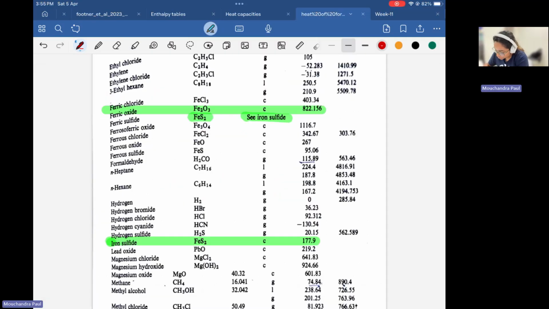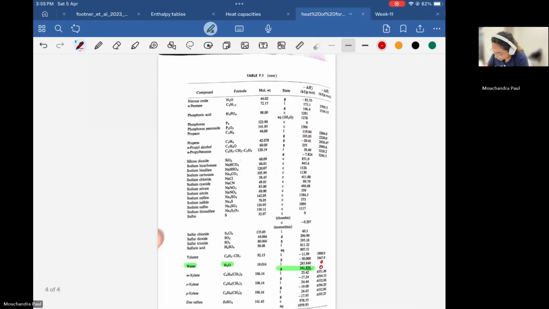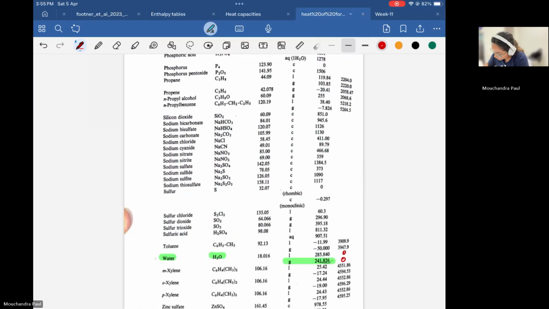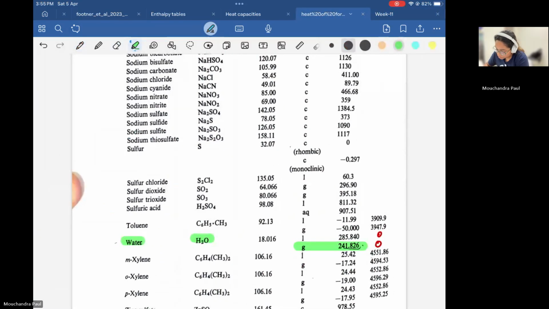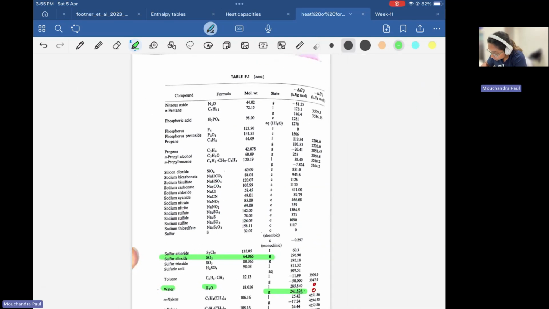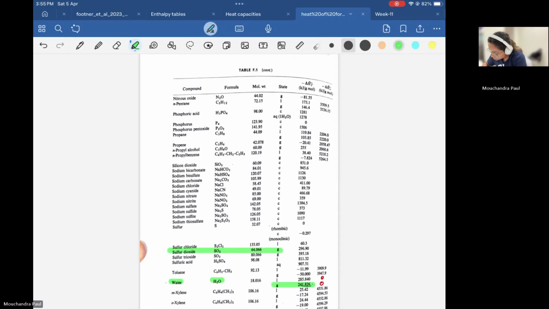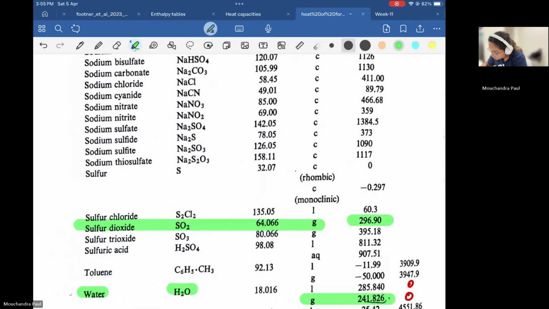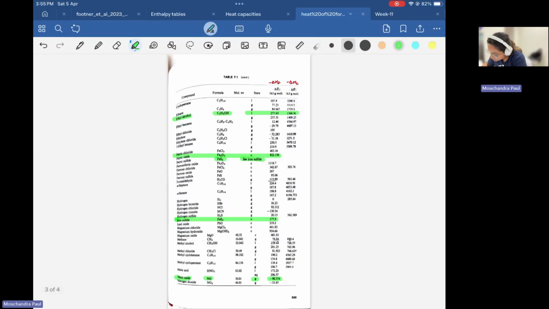And for SO2, sulfur dioxide in gas form, it is 296.